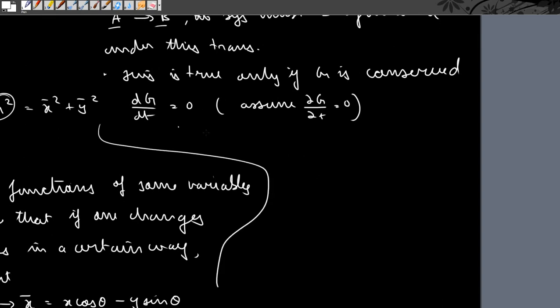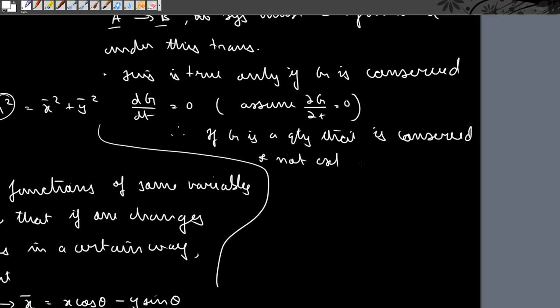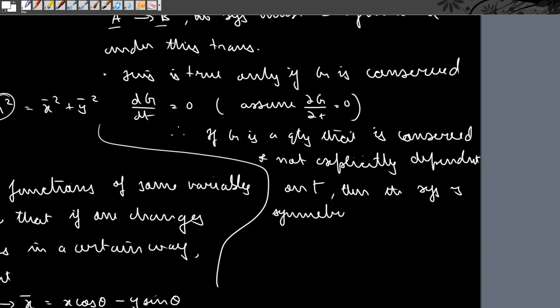So therefore, if g is a quantity that is conserved, and not explicitly dependent on time, then the system is symmetric with respect to the infinitesimal canonical transformation that is generated by g.